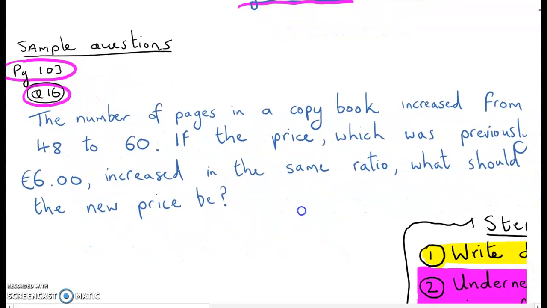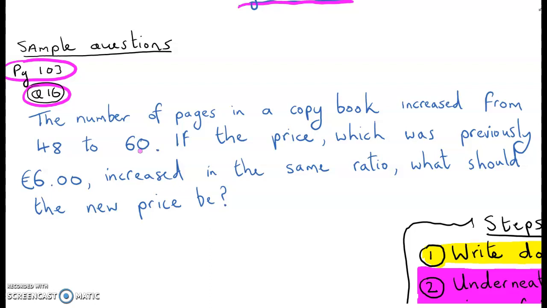It says, the number of pages in a copybook increased from 48 to 60. If the price, which was previously €6, increased in the same ratio, what should the new price be?